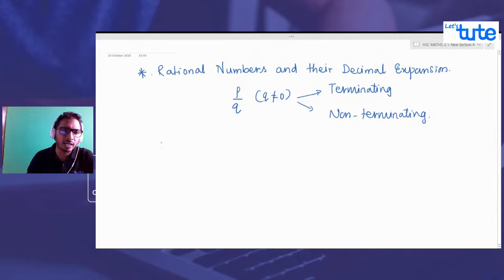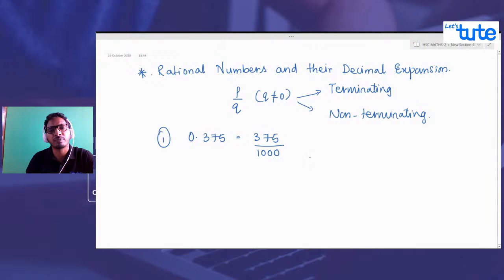Let us say 0.375. Obviously this is a rational number, and whatever we look at will be rational numbers only, but we are going to figure out if they're terminating or non-terminating. This can be written very easily as 375 divided by 1000.